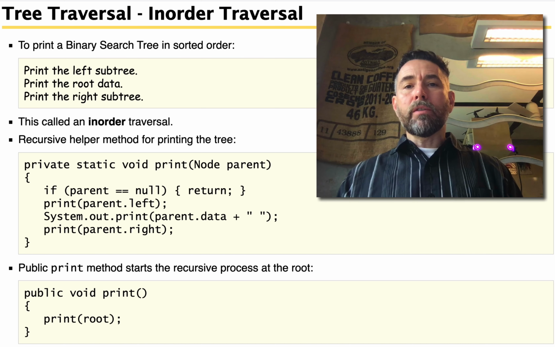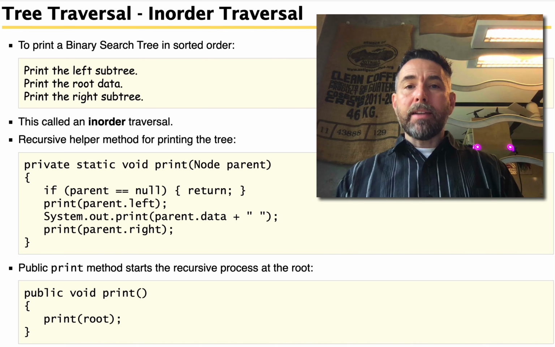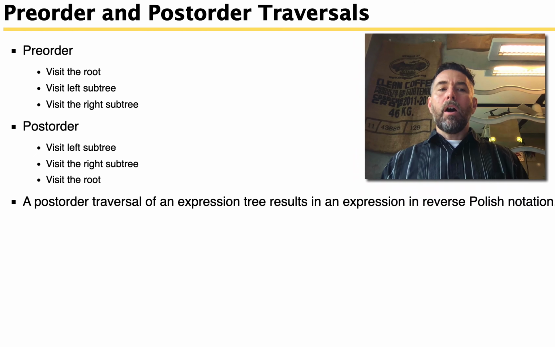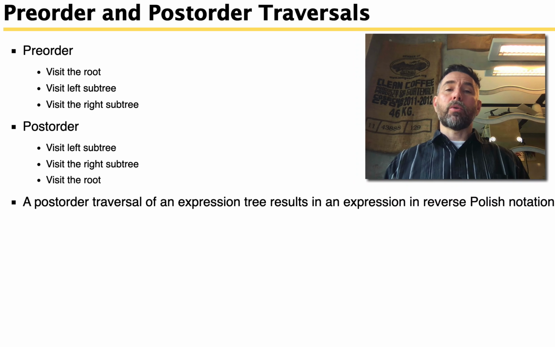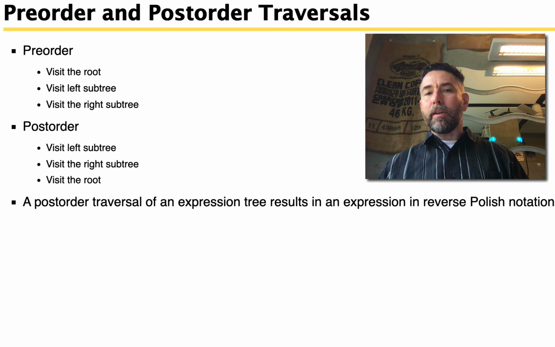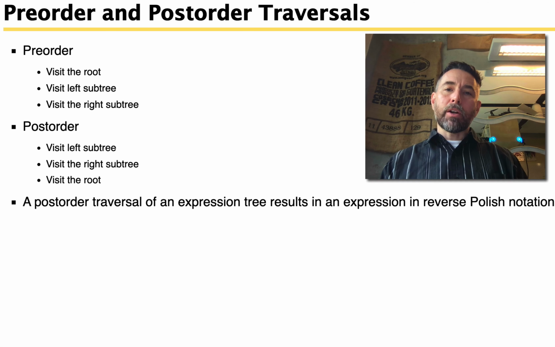Okay, if in-order traversal is one of 3 ways of processing a tree recursively, what are the other 2 ways? Well, those other 2 ways are called pre-order and post-order traversal. The difference is when you process the node you're currently at. So in pre-order traversal, you first process the node that you're currently at, and then you recursively process the left side, and then you recursively process the right side.